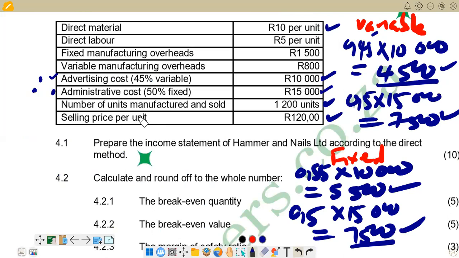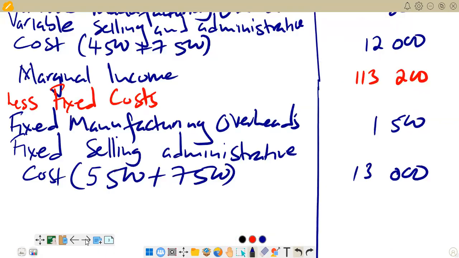Beneath that, we don't have anything. So we are going to add to get the total for fixed costs. So we are now adding 13,500 plus 1,500, then we get 14,500. And remember, we are saying less here, so we are subtracting.